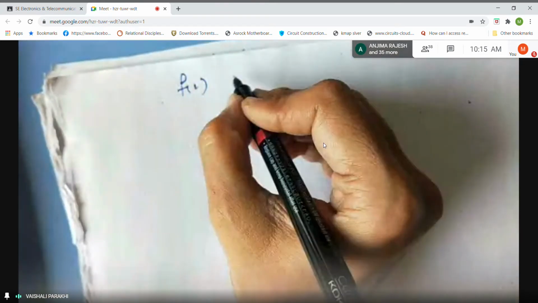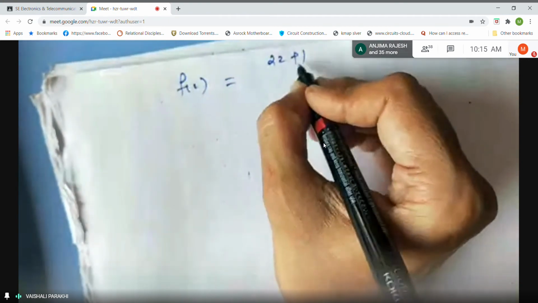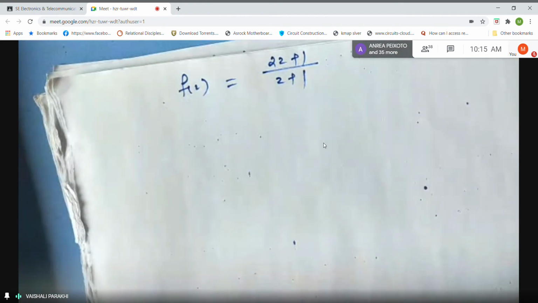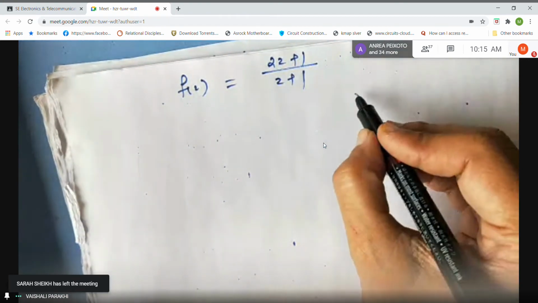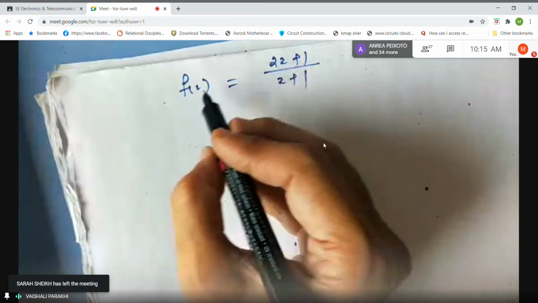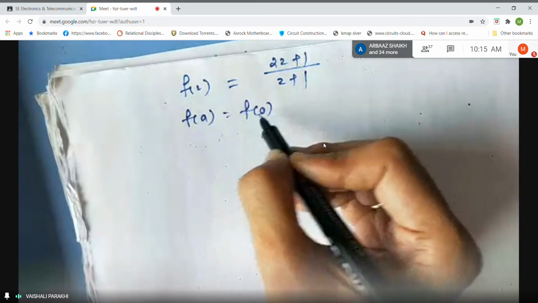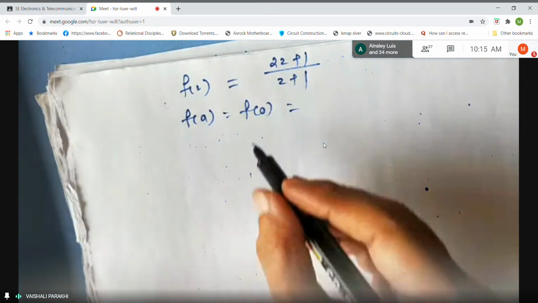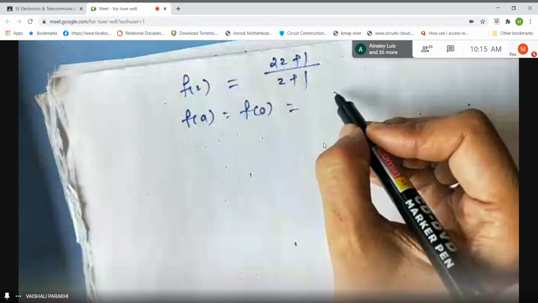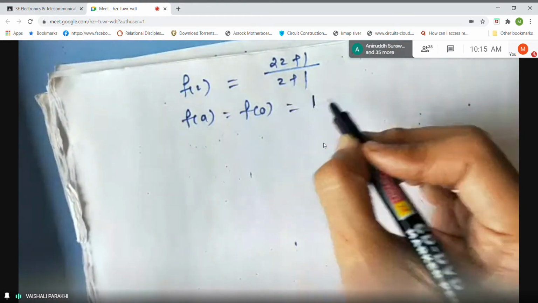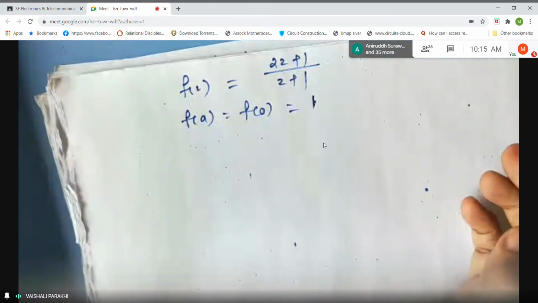f of Z is equal to 2Z plus 1 upon Z plus 1 in the numerator. What is f of A here? Your A is 0, because the pole is 0. So it is 2 into 0 plus 1, which is 1.